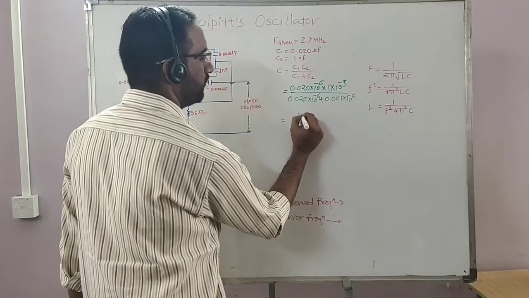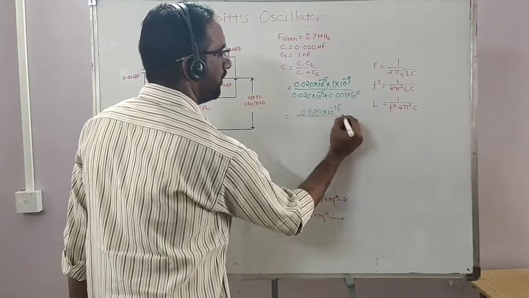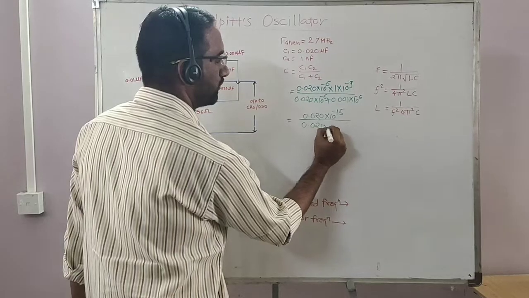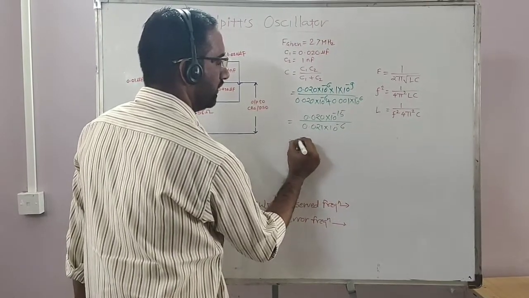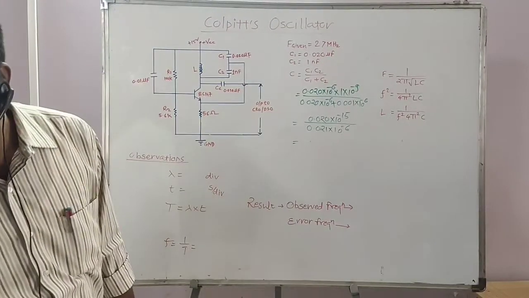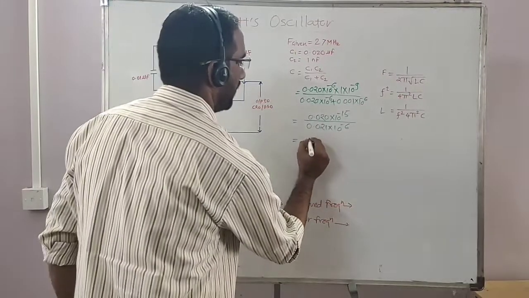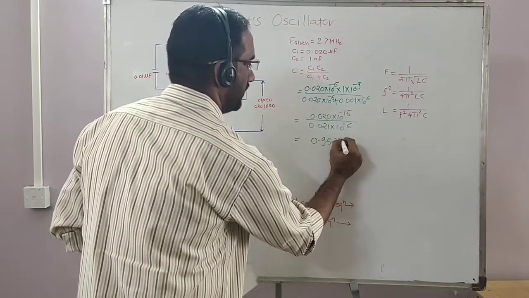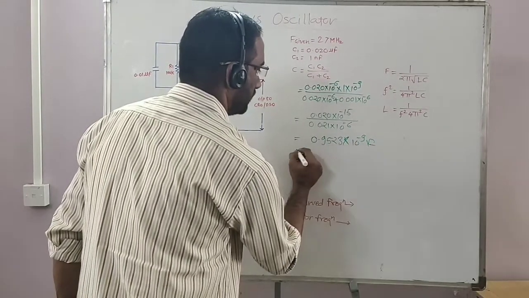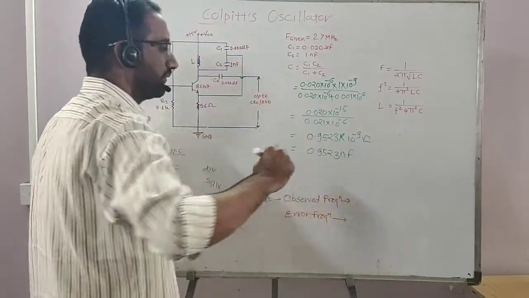We get 0.020 into 10 raised to minus 15 upon 0.021 into 10 raised to minus 6, and if we take the ratio, the value becomes 0.9523 into 10 raised to minus 9 farad, that is equal to 0.9523 nanofarad. This is the equivalent capacitance.